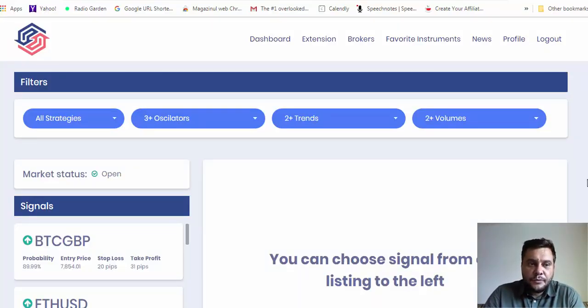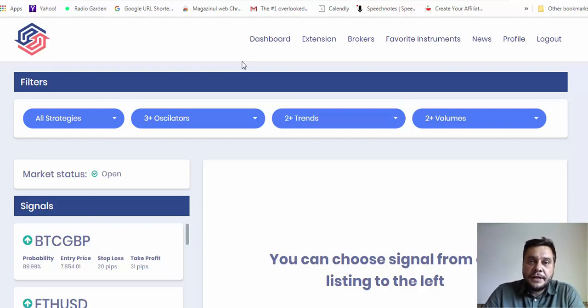Today we are on the dashboard of FxCoinBot, and for those of you who don't know what FxCoinBot is, this is automated trading software and a signals provider, which was released a few weeks ago and delivers very good results so far.